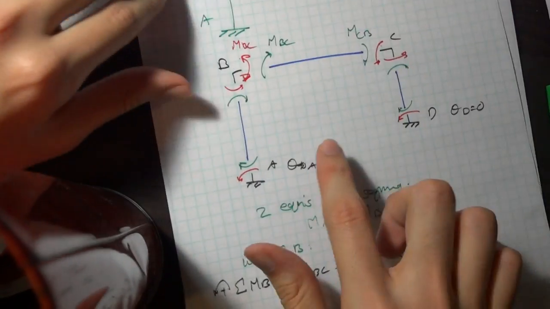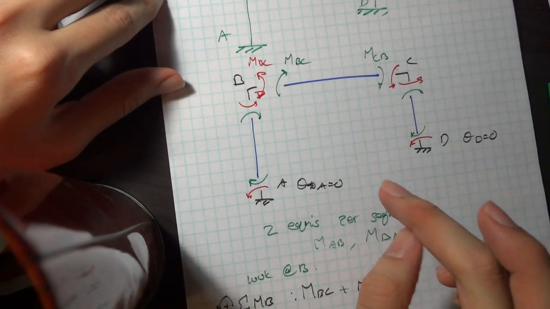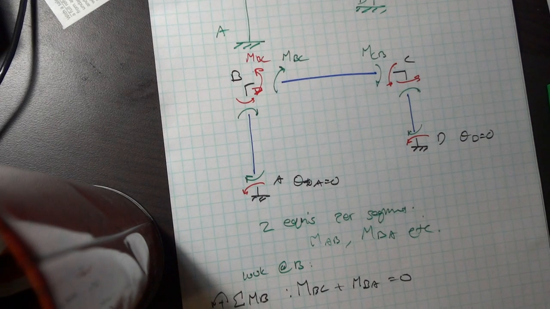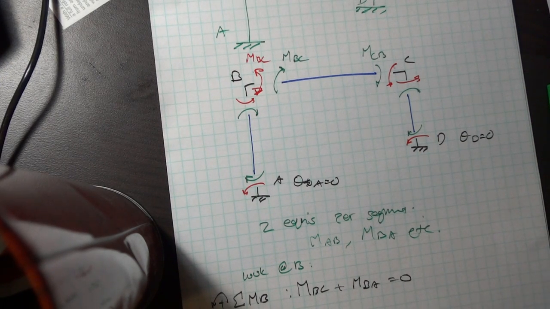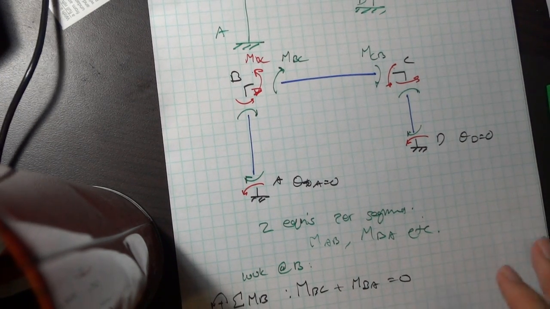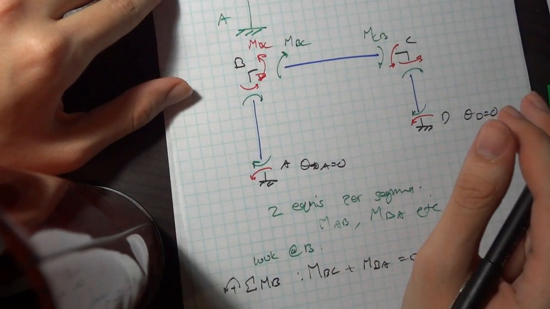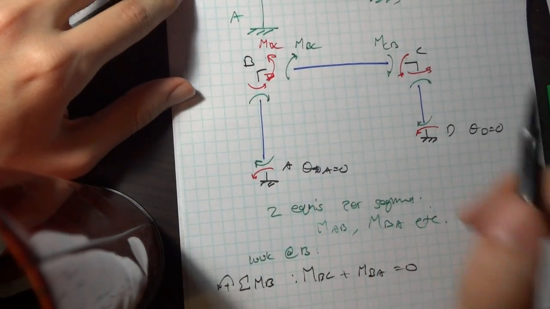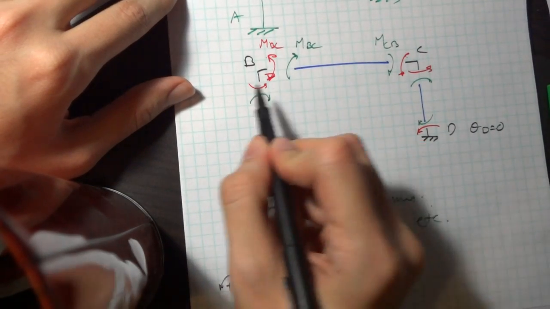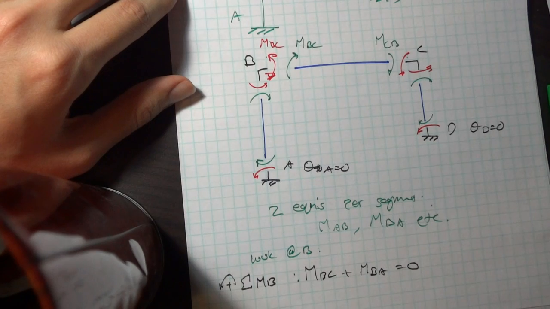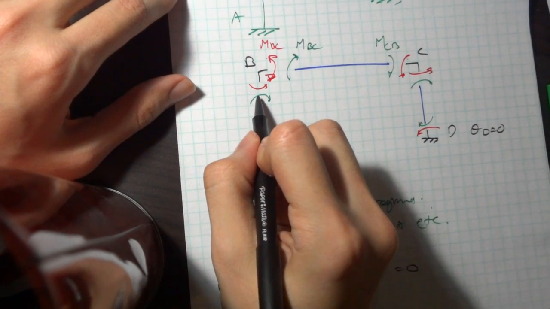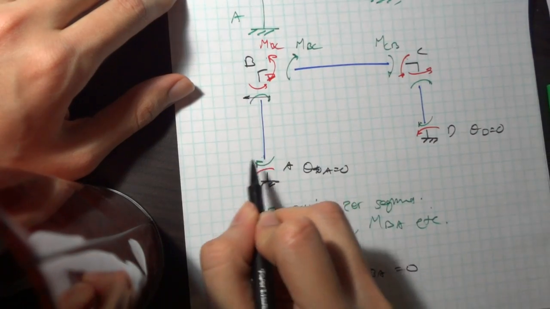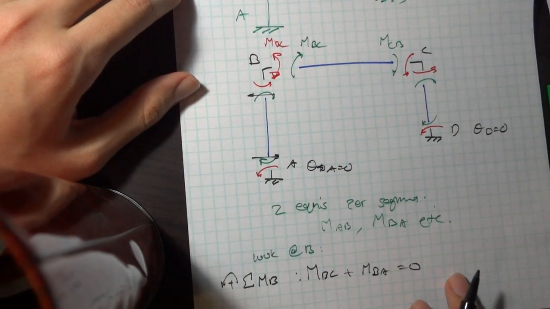Let's just choose one segment at random, segment AB here, for example. In segment AB, I'm going to have shear, and let's say I have something like this.